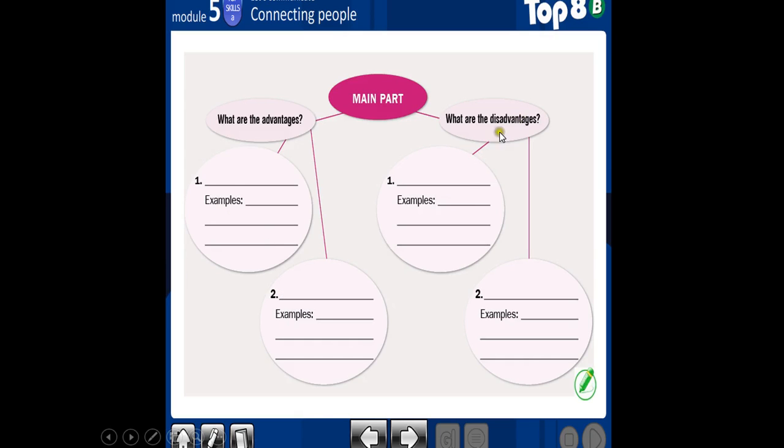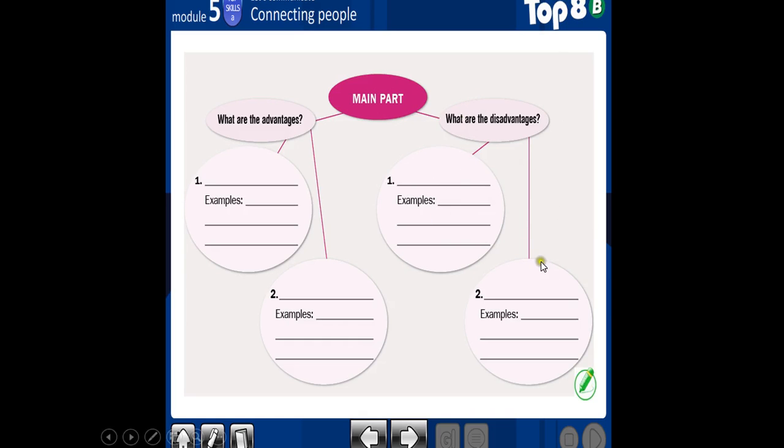And for disadvantages, you can say for the mobile phone, it is costly because you have to pay for the calls, and each year new mobile phones are produced, so sometimes you feel you would like to buy a new one to be modern like your friends.